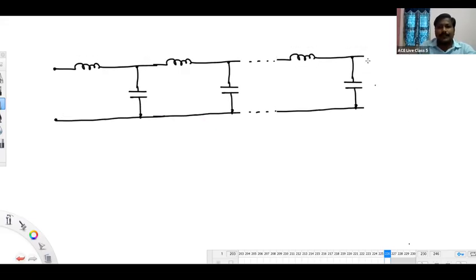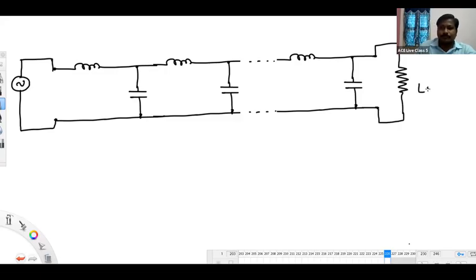So on this side, I am keeping one voltage source, and on this side, I am keeping a resistive load, of course. This was the source location, and this is the load location.